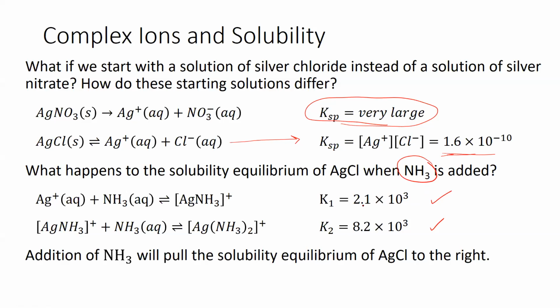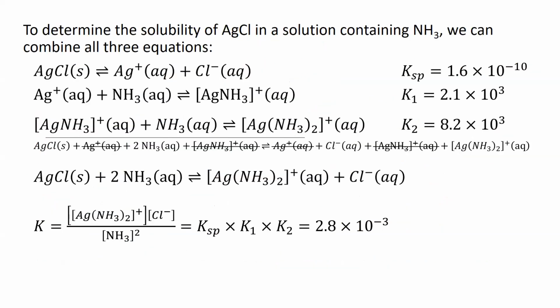When you use the ammonia, you're using up this silver ion, which means you're pulling this reaction over to the right. So the example I want us to look at is the solubility of something like silver chloride in an ammonia solution.